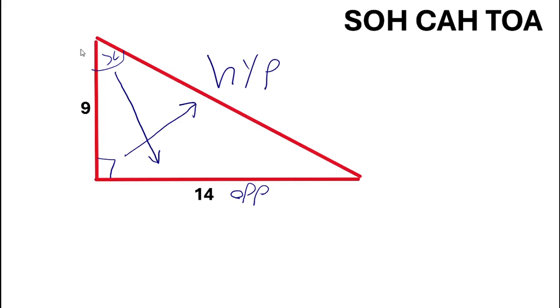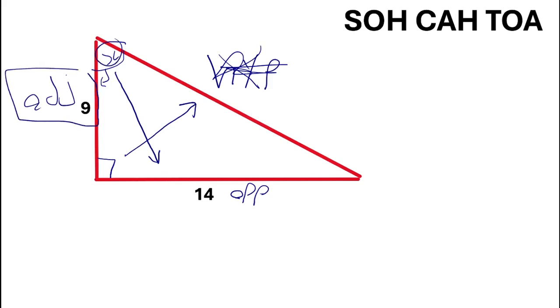And the side next to angle x is called adjacent. Here hypotenuse is unknown, we don't want it. I want to find x. I have adjacent and opposite. Now we use TOA, tan x, because I have opposite and adjacent.